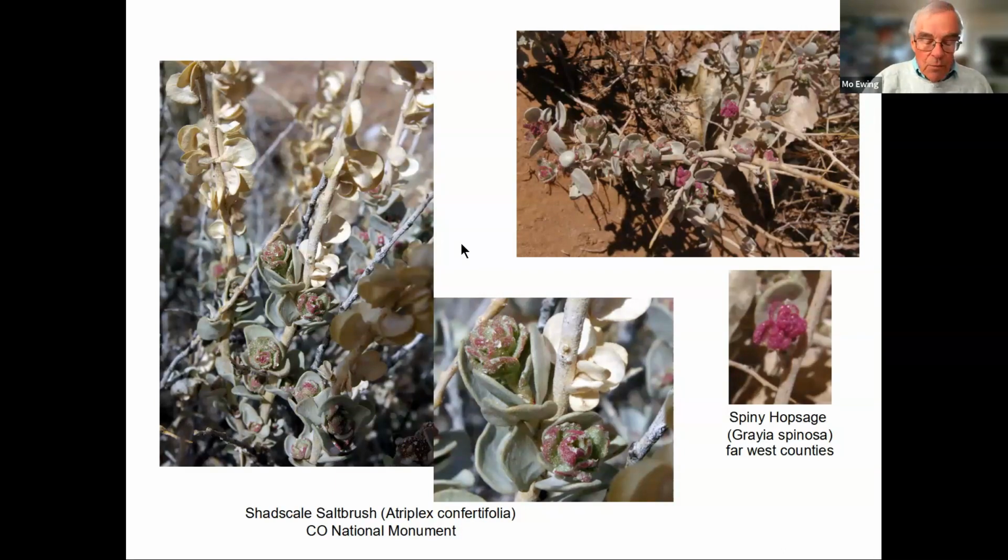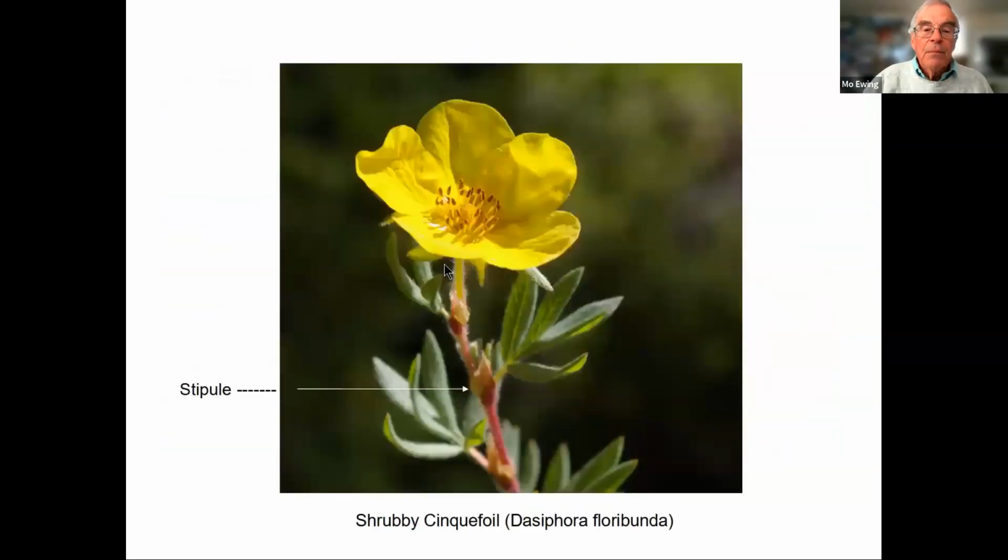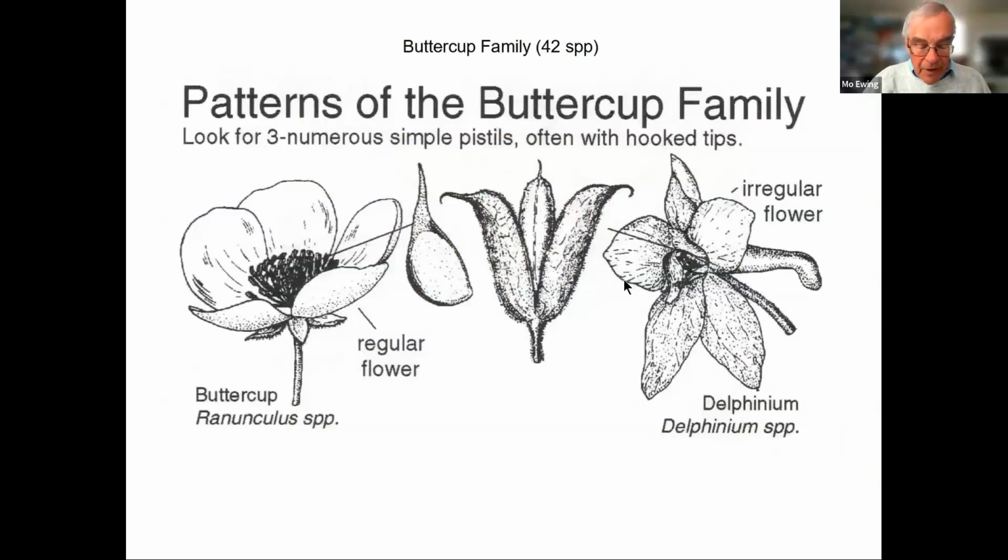Let's go to one that we probably know better, and it's the buttercup family, Ranunculaceae. There are 42 species. The keywords are they have 3 to multiple simple pistils at the center of the flower, and you can see there's a pistil.